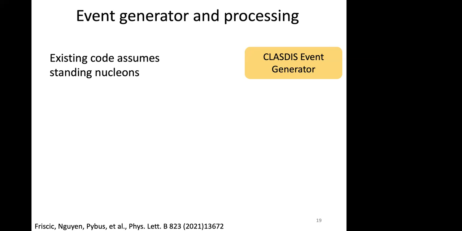But the issue is that the generator can only generate events from free neutron and free proton, so no nuclear correction is included. And they also assume that these nucleons are standing, not moving at all.